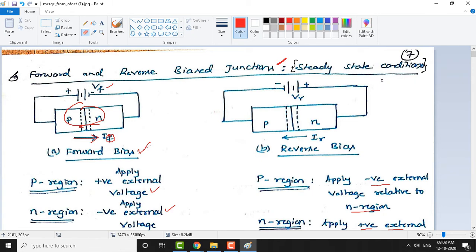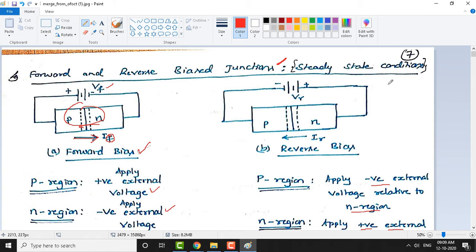What do you mean by transient conditions? The electron from the N side will pass to the P side and the hole from P to N. Yes, transient conditions are nothing but with reference to timing. We are going to apply different sorts of pulses with reference to timings, so that is called transient conditions.